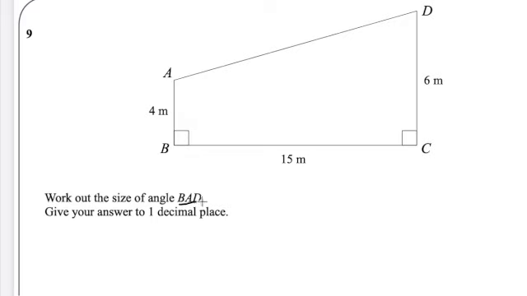So you see how BAD is this angle here. With these sort of questions, you really have to have done them before to see what you have to do. You can see that you can split it into 2 separate parts, a triangle and a rectangle. You can see there's a triangle on top of that rectangle. So you can draw that across there.